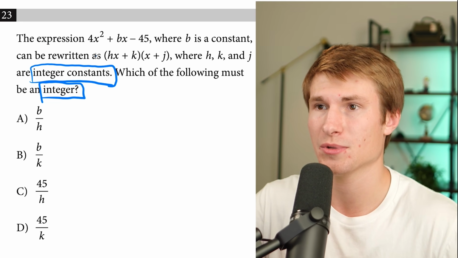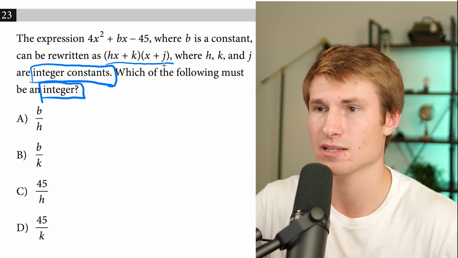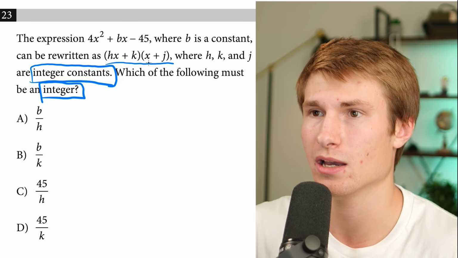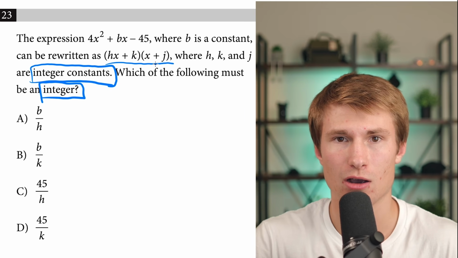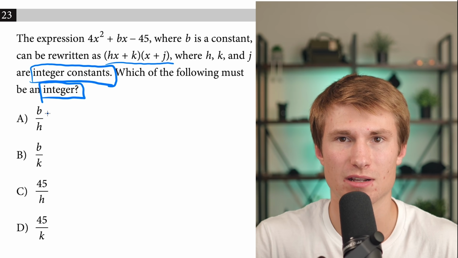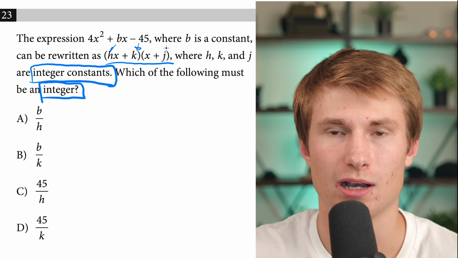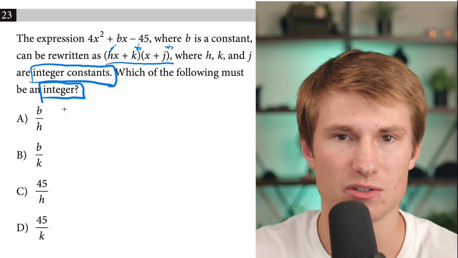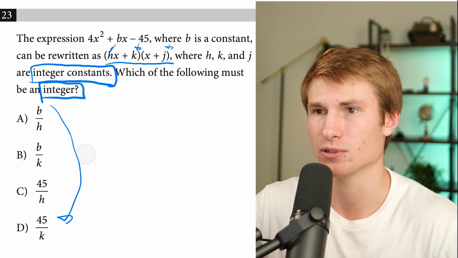So in this case, I'm going to start by expanding this, (hx plus k) times (x plus j). I'm going to expand it out because, as you can see, we're going to need to get the values for h, k, possibly j as well in order to get our answer. So let's go ahead and do that.